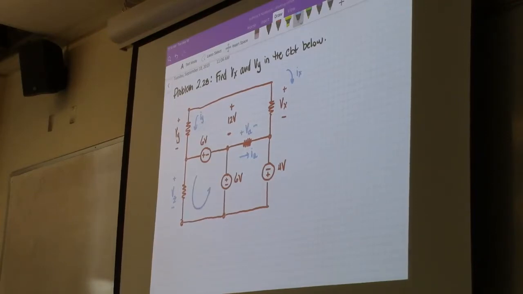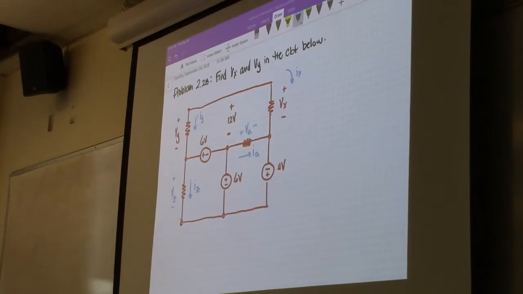I'm going to call this IZ, and I'm going to call this whole loop in here IA. No, forget it. I don't want to make this more confusing than it has to be. IZ, IA. And I don't think we have to define the other currents because they're across voltage sources, so we should be fine for right now.